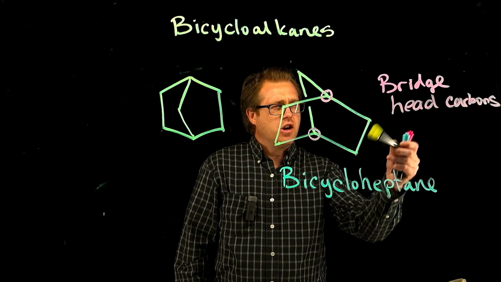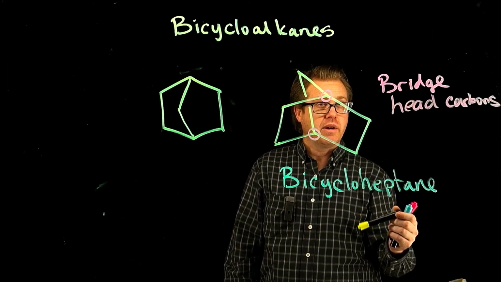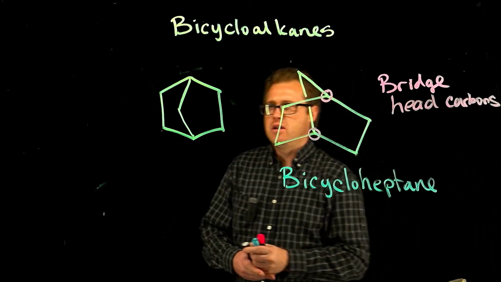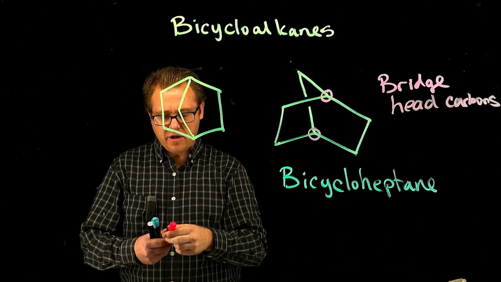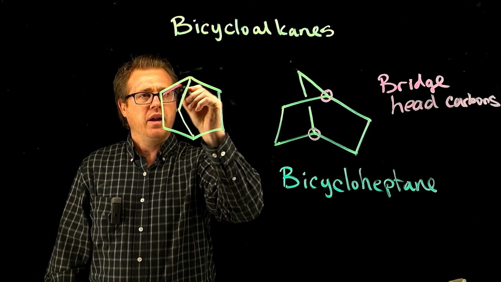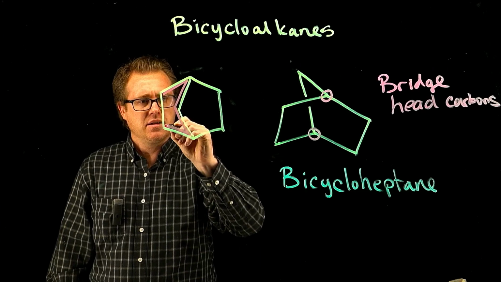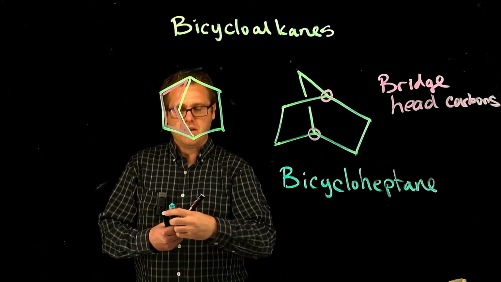So the bridgehead carbons are the carbons that join the two rings together. If we look at this structure right here, I could view it this way. I could see a ring like this, there's one ring right there.